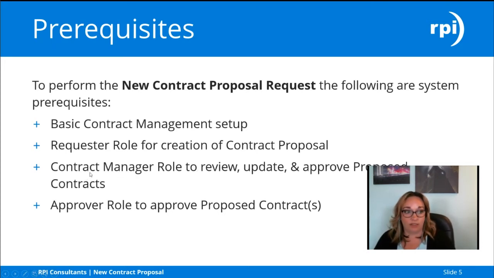And then throughout the organization, you'll need someone to be a contract manager and have that role to review, update, approve, make any changes of those proposed contracts. And then ultimately, in order to get that proposed contract to an executed contract, through the contract approval process, you would need an approval role as well.